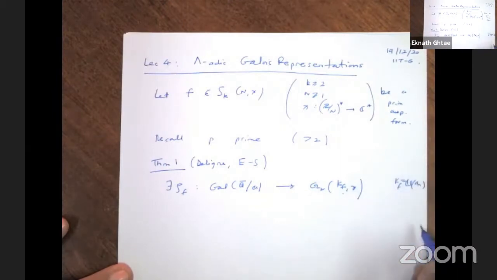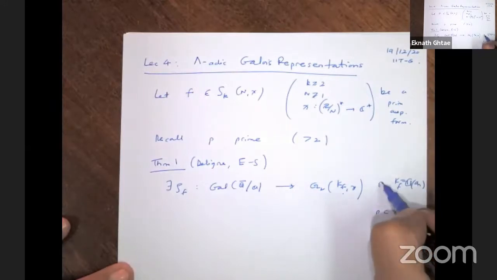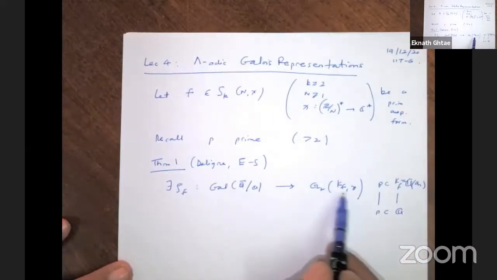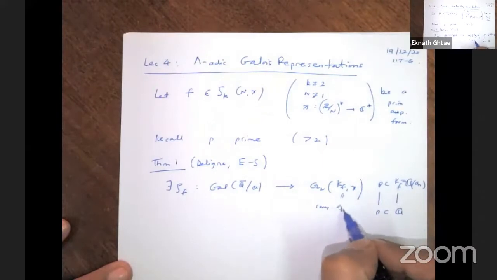You attach the Fourier coefficients of this form to Q. You get a number field, a finite extension of Q, and p was a prime in here, and then we had fixed a prime P in the ring of integers of K_f lying above p, which is a prime of Z. So this is the completion of K_f at P.